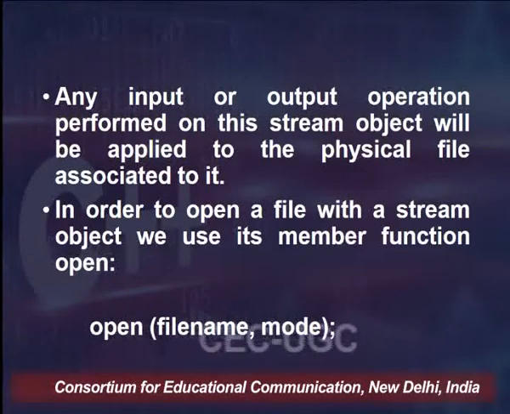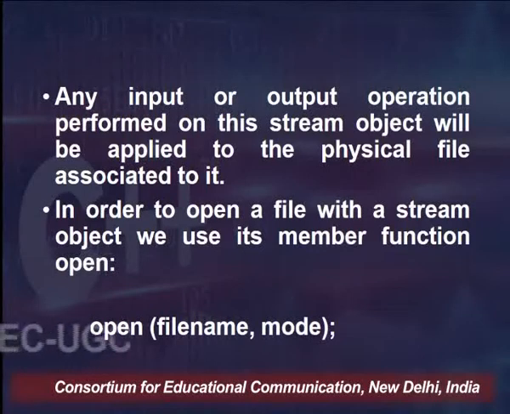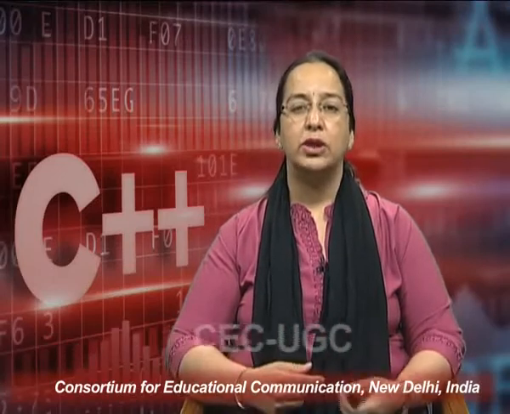And in order to open a file with a stream object, we use the member function open, and open has only one compulsory parameter, another one is non-compulsory because there are standard modes.